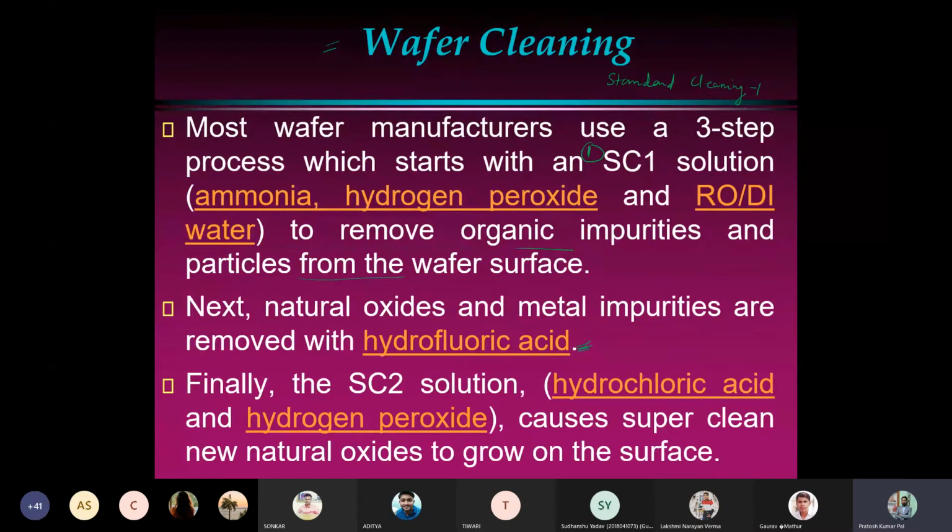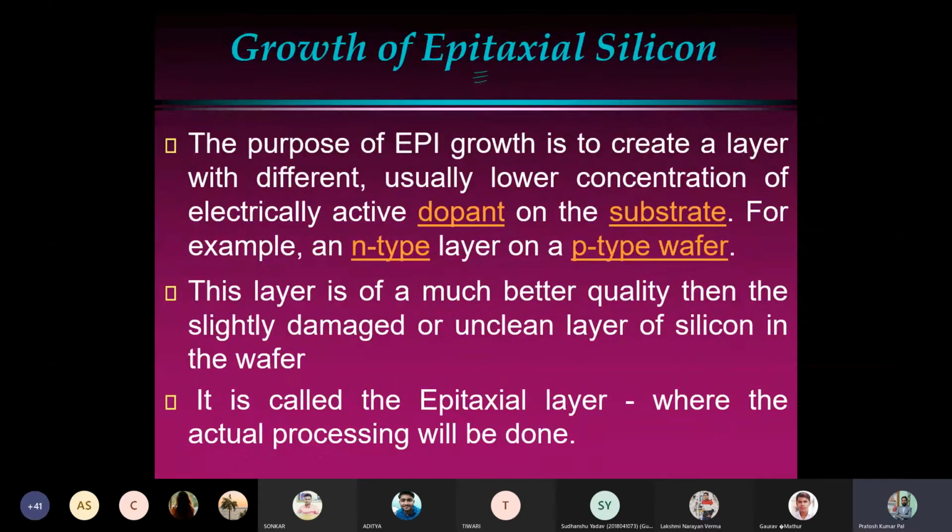Once we have done the super cleaning, that means the wafer is ready for further processing. The further processing step that is used is basically epitaxial growth. Epitaxial growth means we will be growing different layers onto the silicon wafer.